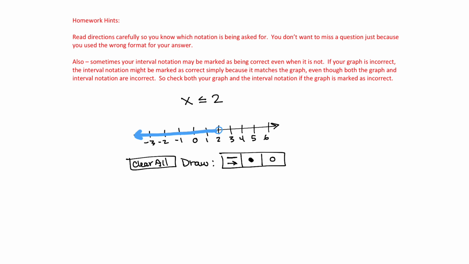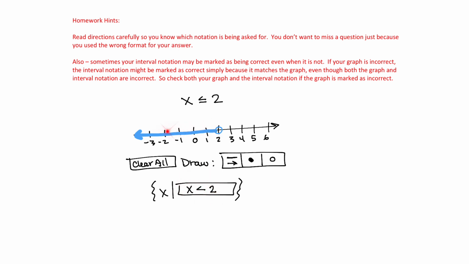Okay, I'm going to continue this way to show you what the computer does. Okay, because you're doing set builder notation, you have a box here that you have to fill in your answer for. Okay, so if you're telling the computer what this blue line looks like, let's say you wrote x is less than 2 because it's an open circle, right?